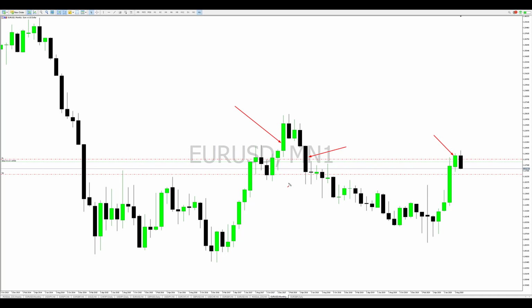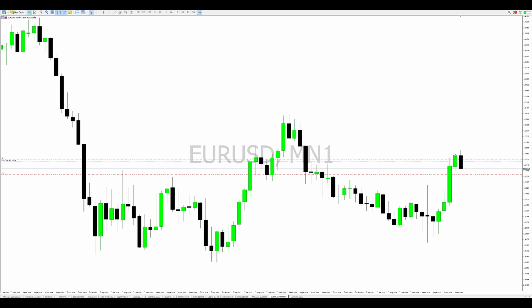I think I've already done something like this in my weekly forecast, which was done like 3-4 weeks ago. What I'm going to do is just repeat the same thing, but a bit quicker. So you can see already we've got this last up candle here, which was tested.